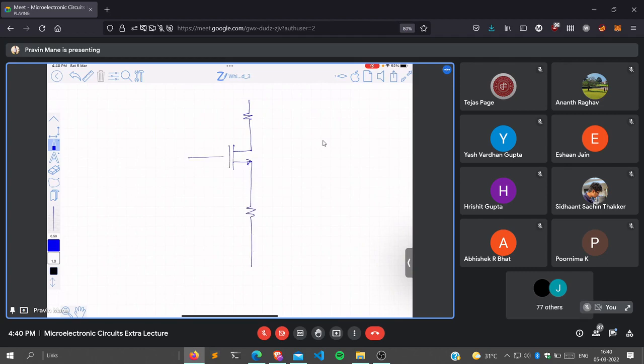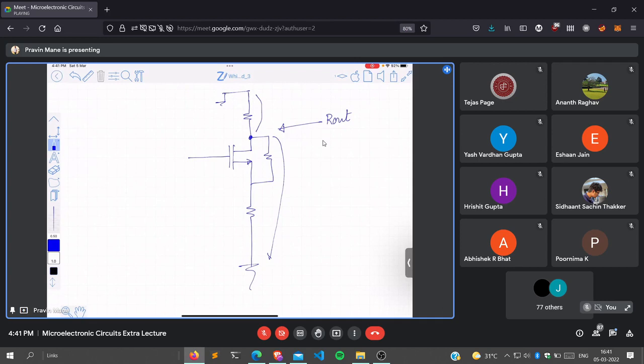Suppose this is the circuit and RO is present. Now, if I look from here, which we call Rout, this is connected to ground. It is the impedance between this point and the ground. Now there are two paths, one from here to ground and another from here to ground, right?